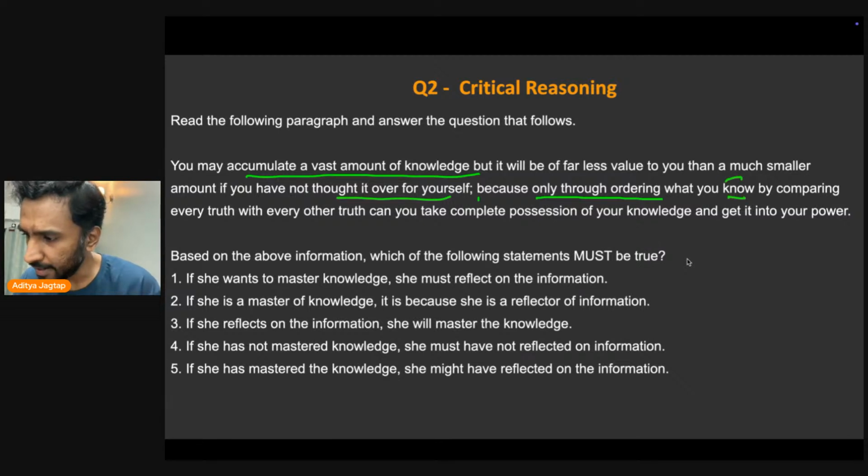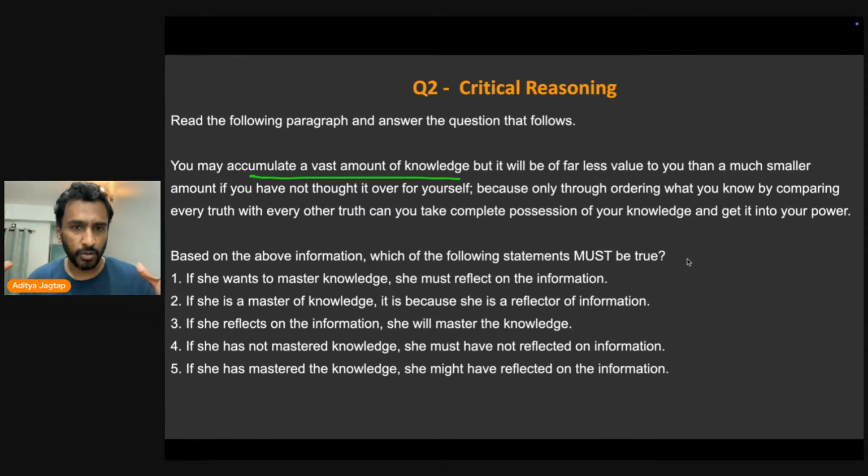So first you get knowledge, then you order that knowledge in some logical fashion, so it's not chaotic. You've compared that knowledge with other facts, and then you can take complete possession of your knowledge. Okay. So the author is trying to say simply having a vast amount of knowledge is not useful unless and until you have actually done something specific, which is thought about it yourself.